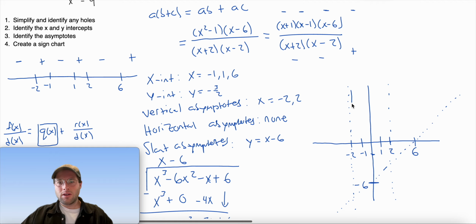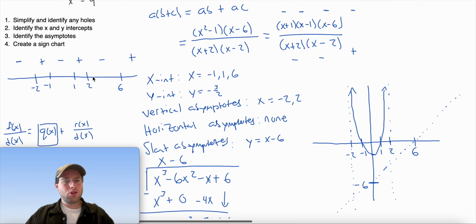We're going to cross through negative 1, hit that y-intercept, then the x-intercept at 1, and come back up and ride right along these asymptotes here. Okay, so that fills in the gap from negative 2, negative 1, 1 to 2.